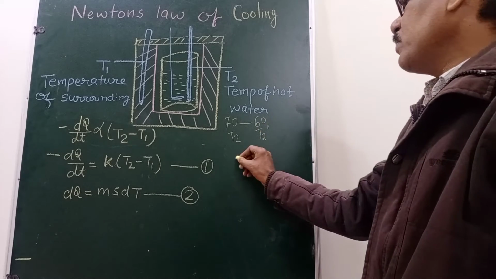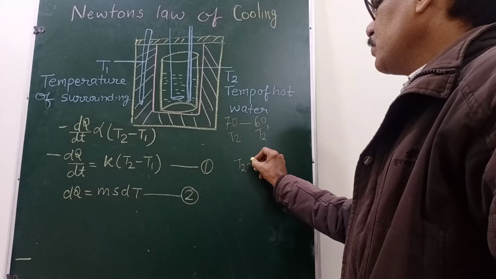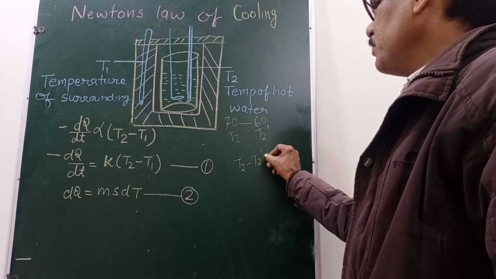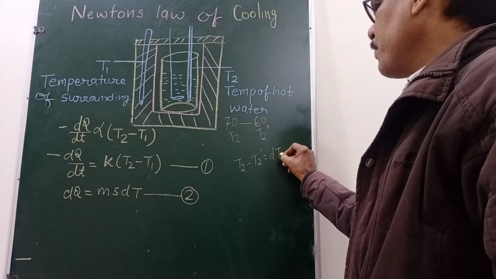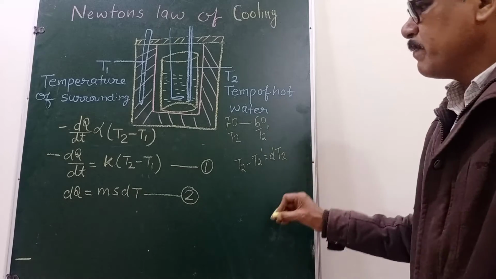So what will T2 minus T2 dash be? T2 minus T2 dash will be dT2. So that dT2 we will write here.